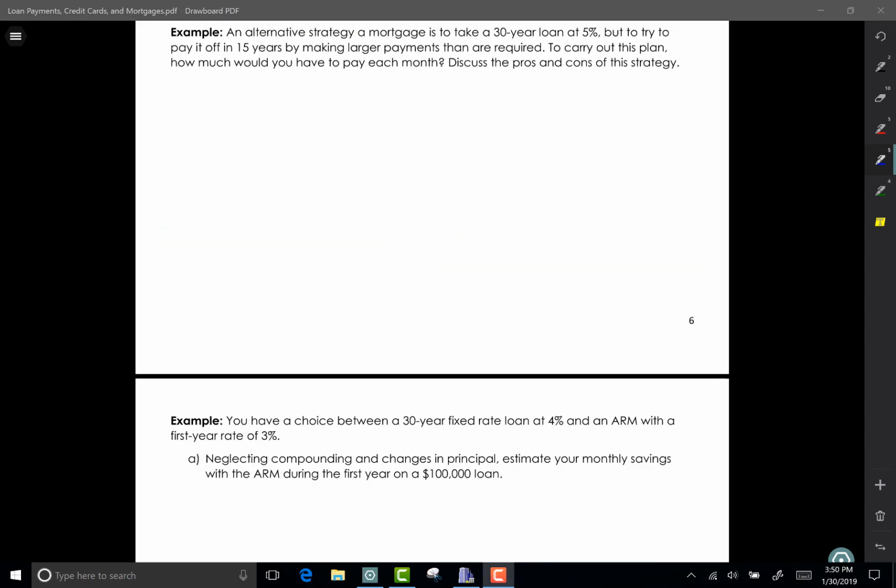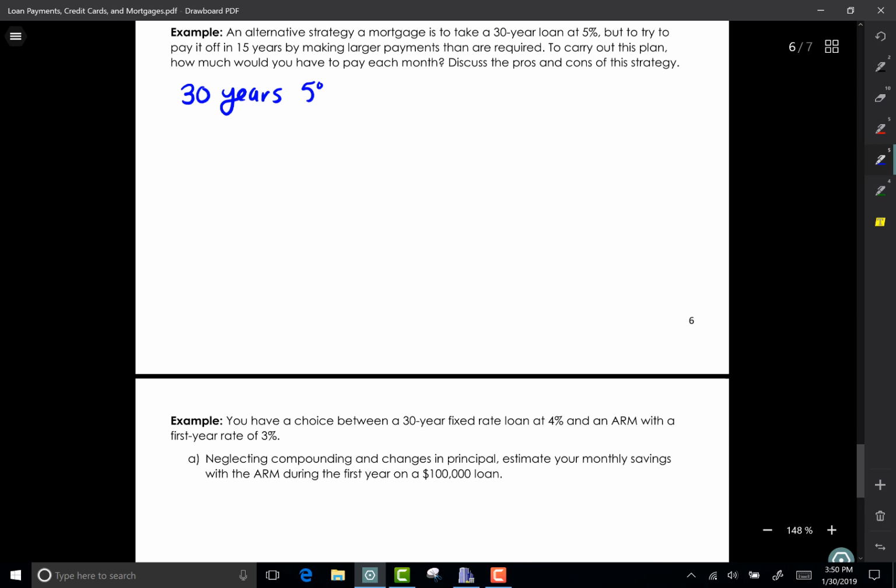So in the previous example, we talked about Great Bank, and they had a mortgage for 30 years at 5% APR. And we calculated that the monthly payment would be $536.82.